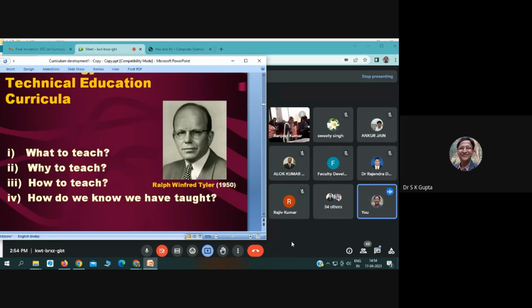Like we are designing a program for some states, and there we have included this internship or industrial training after first year, after second year. So that will be evaluated in the next semester. Like if we have an internship in the fourth semester, then that industrial training will be evaluated in the fifth semester as per your requirements.